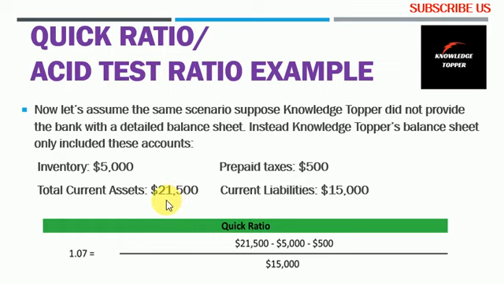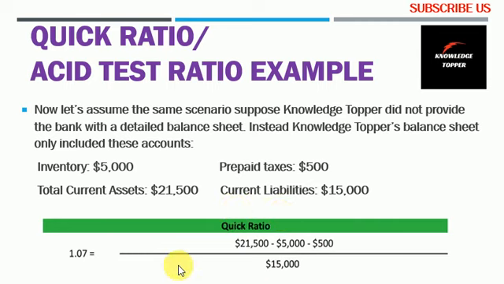So we have total current assets of $21,500, inventory of $5,000, and prepaid taxes of $500. We subtract these and divide by $15,000, and we are left with 1.07 again. Basically all these values are the same as in the question we previously solved.